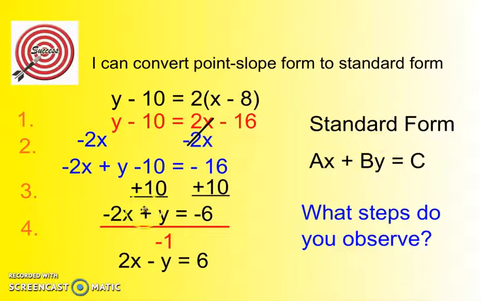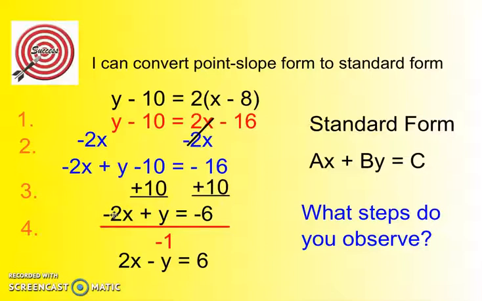Right now I do have an A and an x, and I also have a B. Even though you can't see it, what number is here in front of y? Exactly, a 1. And so I do have a B and then a y equals a C. So I do have it in standard form. However, it's not truly in standard form unless the A is positive.